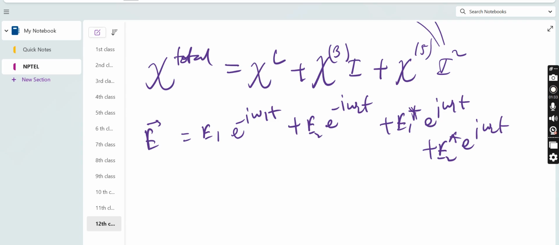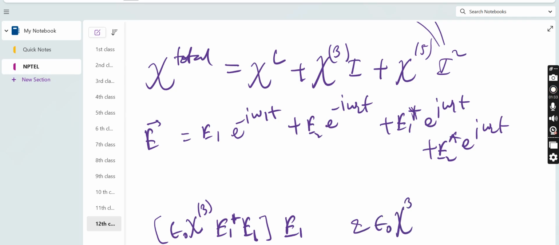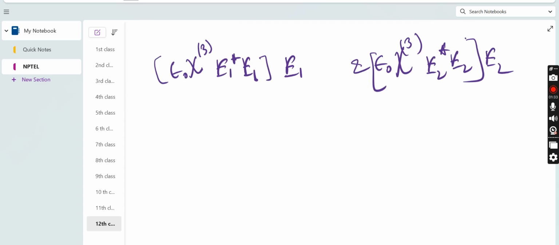So for that, we'll get some terms like epsilon naught chi E1 star E1 into E1 and epsilon naught chi E2 star into E2.